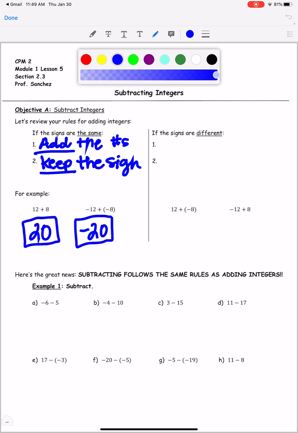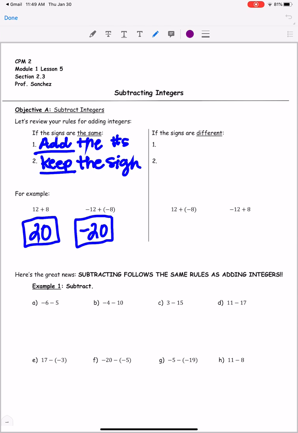The next thing is when the signs are different. So either positive and negative or negative then positive.